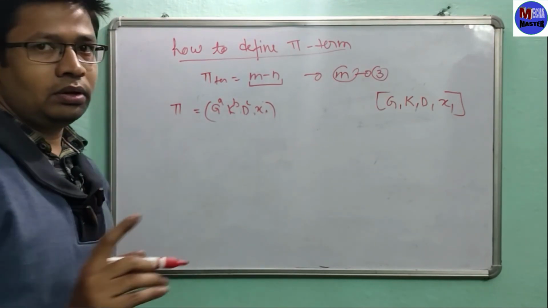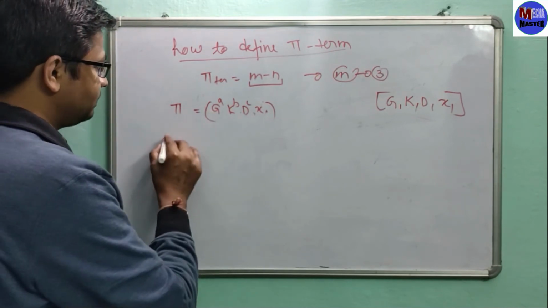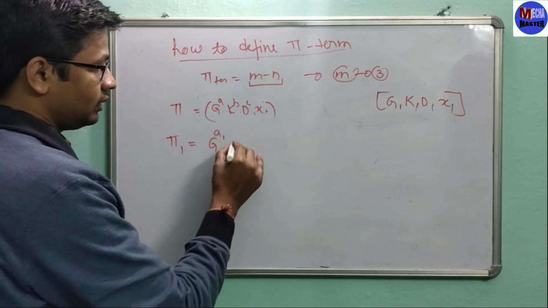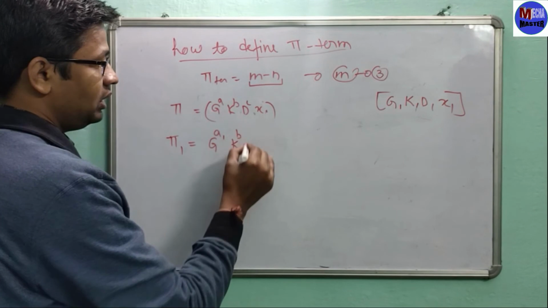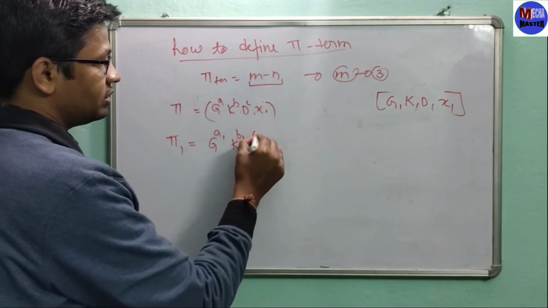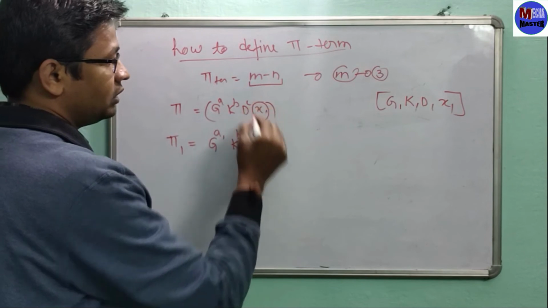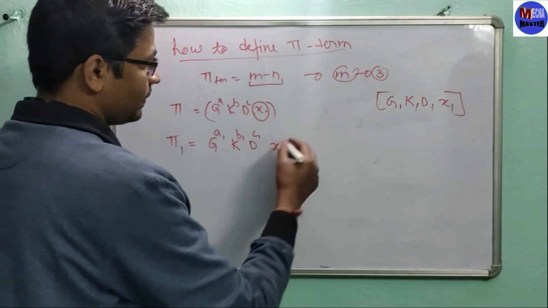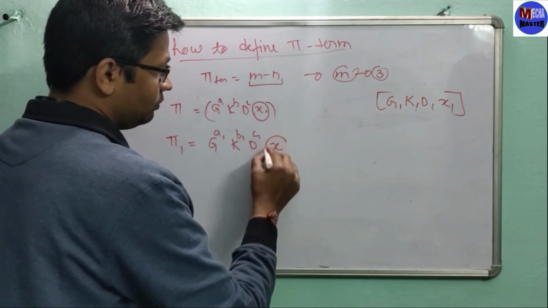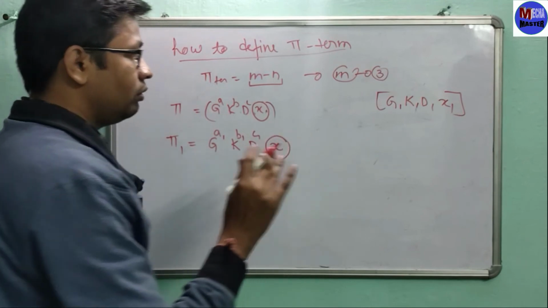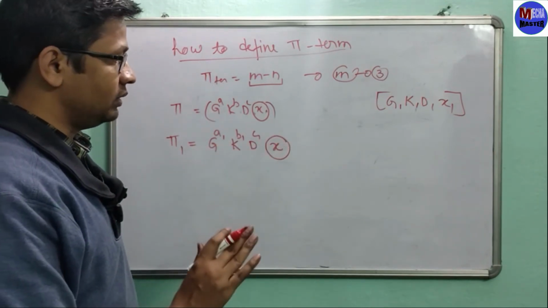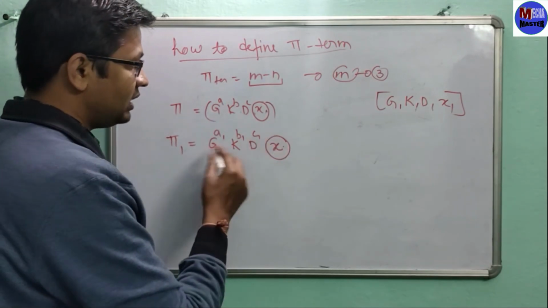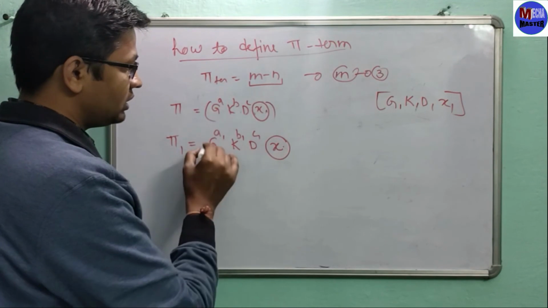So pi 1 will be G^A1, K^B1 and D^C1, and the fourth term, the non-repetitive one, will be without any power. This is the quantity, not the unit, because after that you have to write the units.